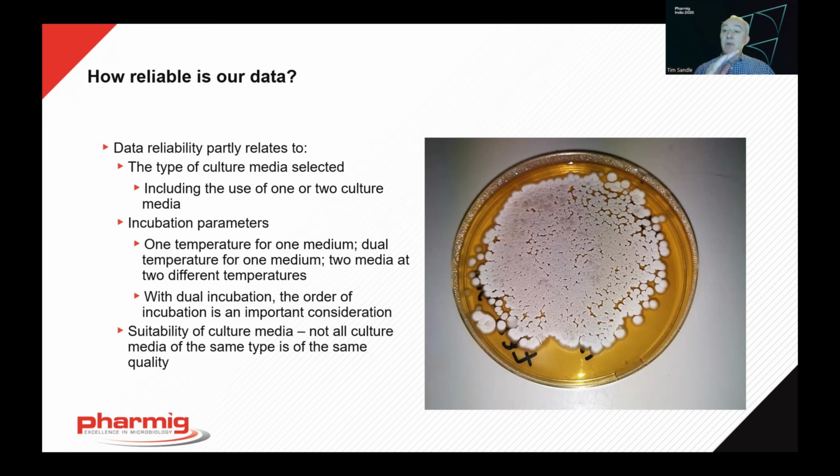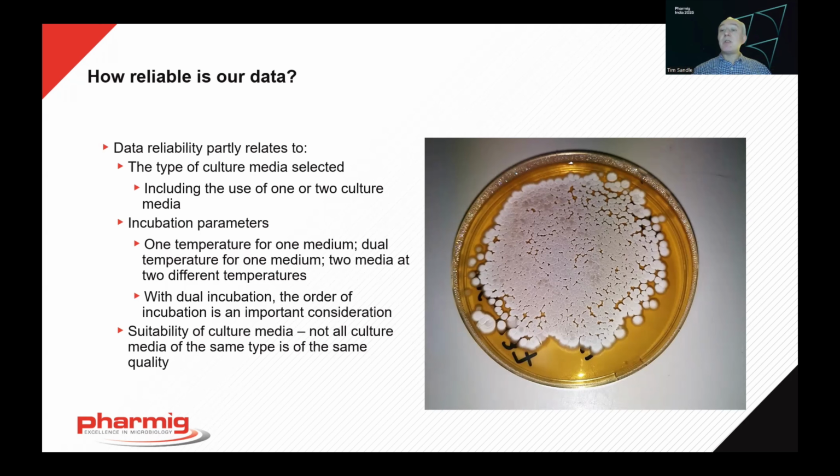If we're going to do two different temperatures, what's the order of incubation that's going to give us the most reliable data? The general consensus with literature and from my own studies is that you would always go for the lower temperature first, that's 20 to 25 degrees Celsius, followed by a 30 to 35 degrees Celsius incubation step. This is to ensure that we are not damaging and destroying fungi who have lytic cellular enzymes, which can sometimes be sensitive to higher temperatures.